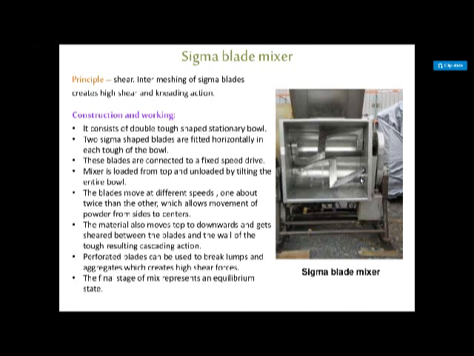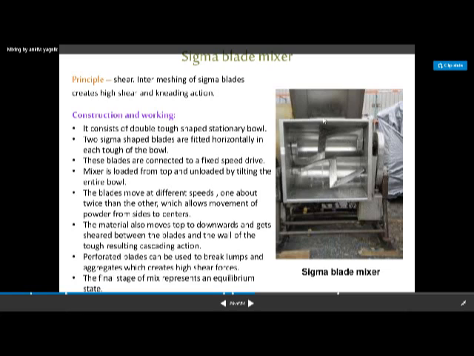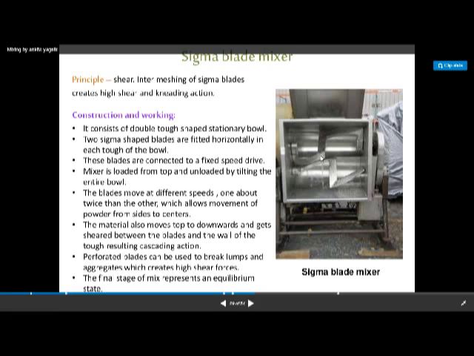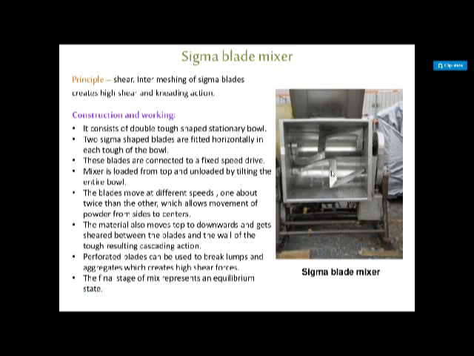This mixer is loaded from the top, and it is unloaded by just tilting the entire bowl. You have to tilt the entire bowl and the trough is unloaded. The blades move at different speeds, one about twice that of the other.